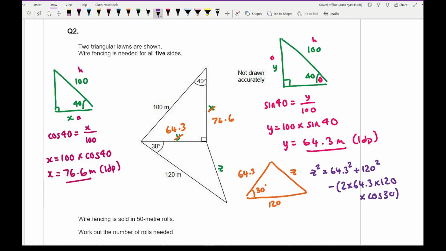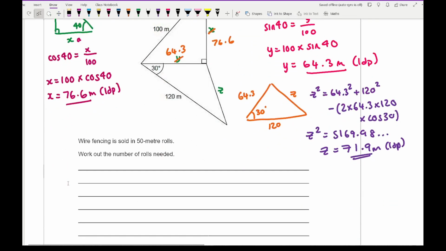Now if I type that into my calculator, I get a z squared value of 5169.98, giving me a z value of 71.9 meters to 1 decimal place.